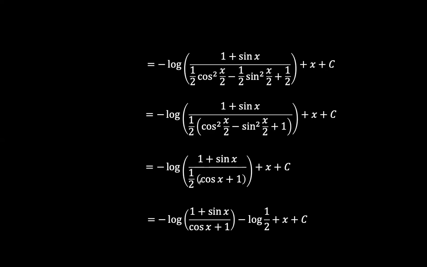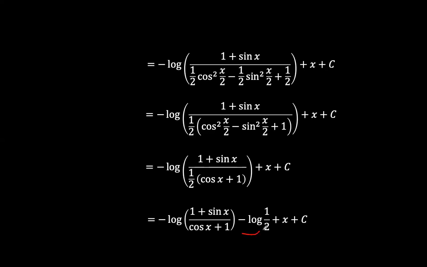But since it's in the denominator, we can now just put a negative. So we have minus natural logarithm of 1 plus sine x over cosine x plus 1, minus log half, plus c, plus x plus c.